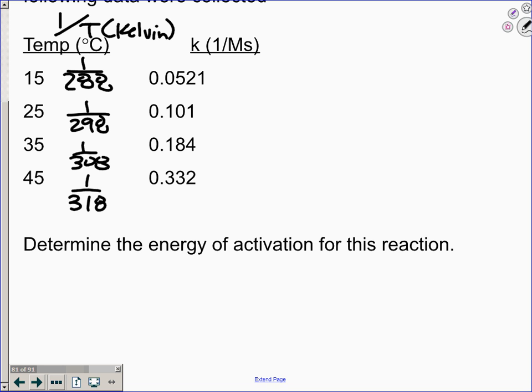What are you plugging in for your y-axis? ln of the K value, right? So we're just going to natural log all those values, which I think you can do at the top of your list, but regardless.